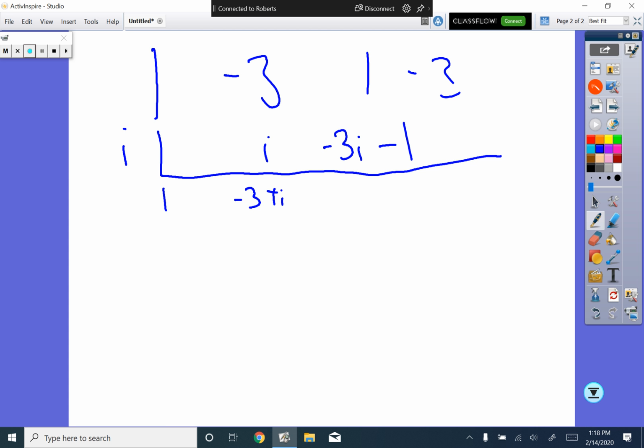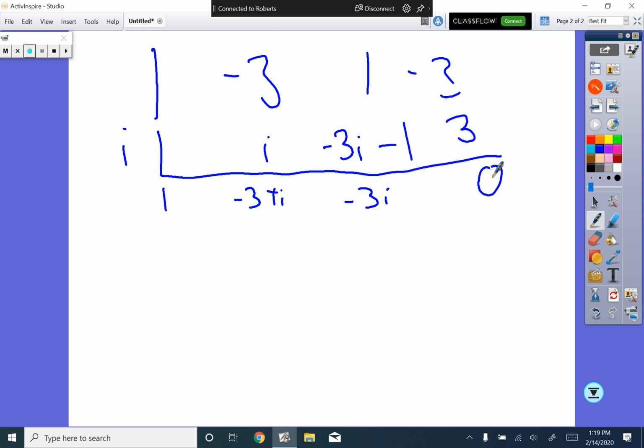Haley and Alyssa. Then I add those again. And then I get -3I, don't I? Does everybody see that? -3I times I becomes -3I squared, but what's I squared? -1, and -3 times a -1 is 3, and I get 0.